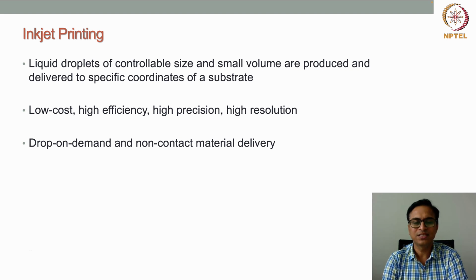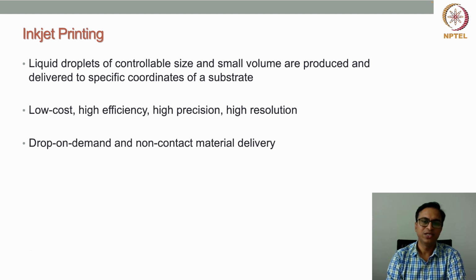So in this printing, what happens here? Basically, liquid droplets of controllable size and small volumes are produced, and then those droplets are delivered, positioned, or printed to specific coordinates of a substrate or on a printing stage. The main principle of this technology is the production of tiny, controllable-size liquid droplets, right?